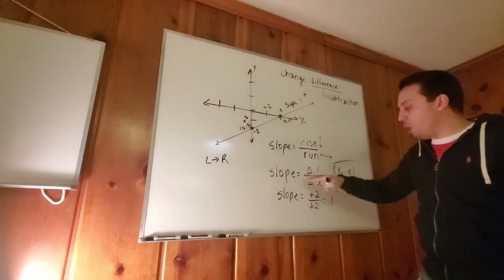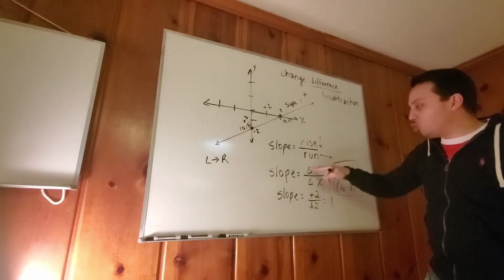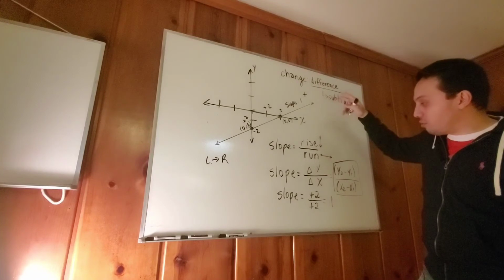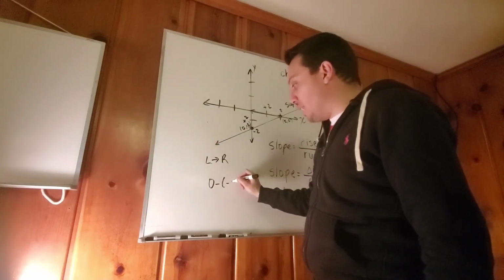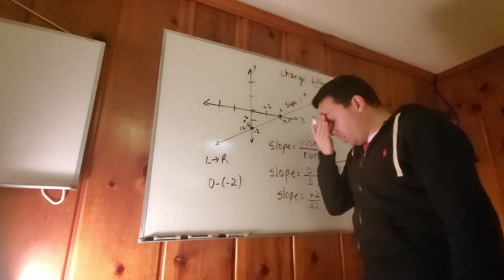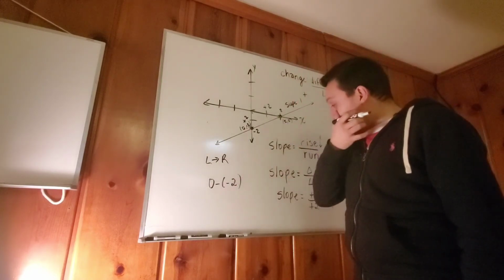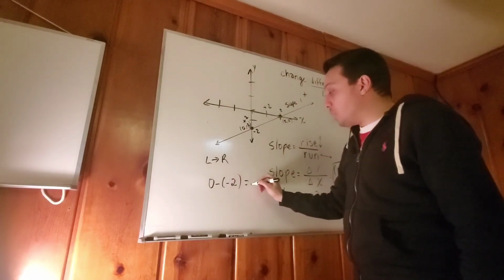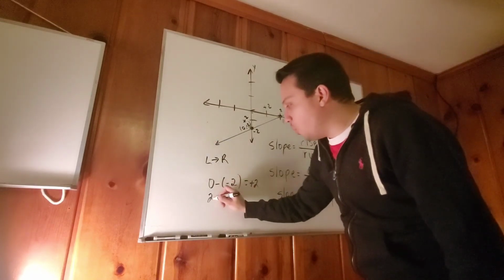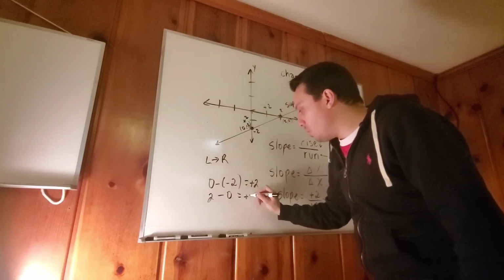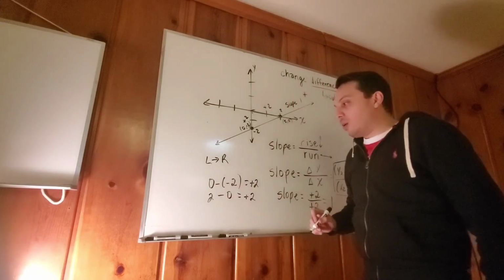The difference of y over the difference of x, meaning the change in, or subtract. How did I subtract this? Well, what is 0 minus negative 2? Okay. 0 minus negative 2. Negative and negative is positive, so it's going to be positive 2. Okay. And what is 2 minus 0? 2 minus 0 is going to be plus 2. Now understand what I did.